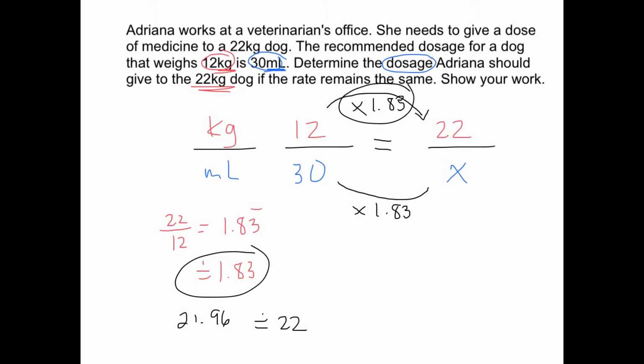The answer is 54.9. x is equal to 54.9. That means that for a 22-kilogram dog, we would need approximately 54.9 milliliters. What might you round that up to? Right, 55 milliliters, rounded to the nearest milliliter.